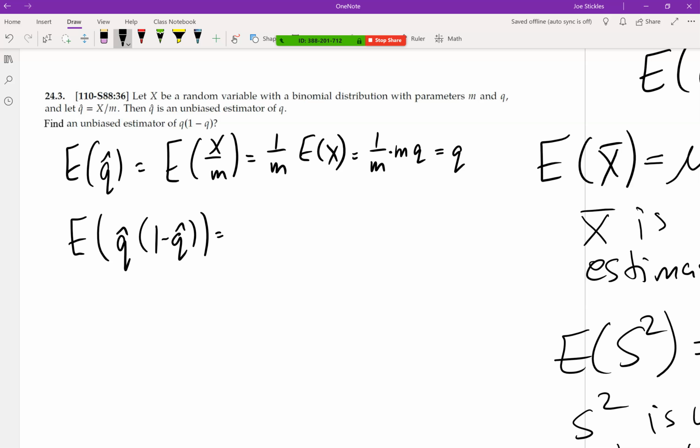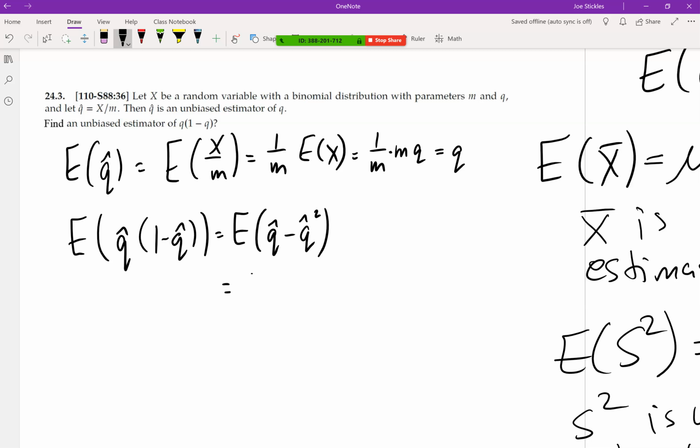So if we wanted to do this, we would need to distribute. Then I've got the expected value of q hat minus q hat squared.